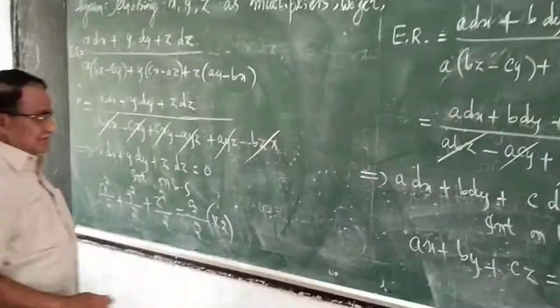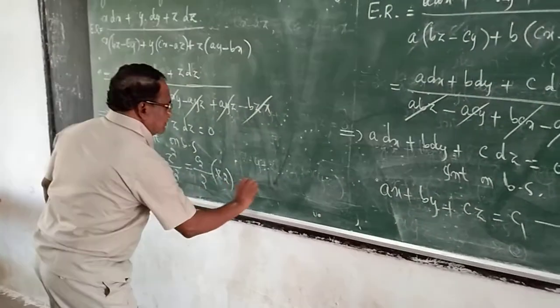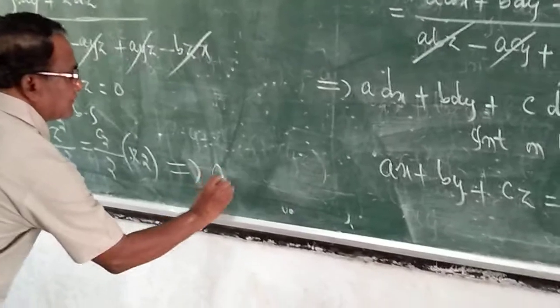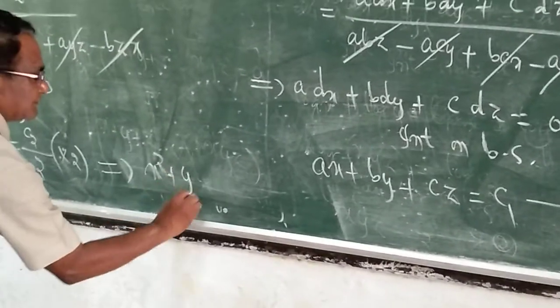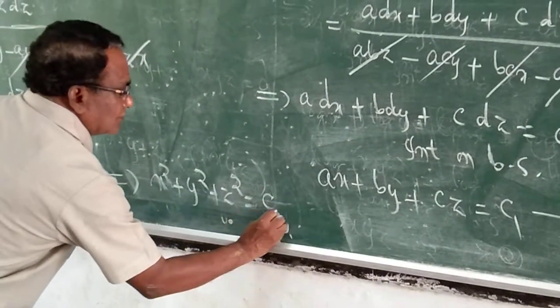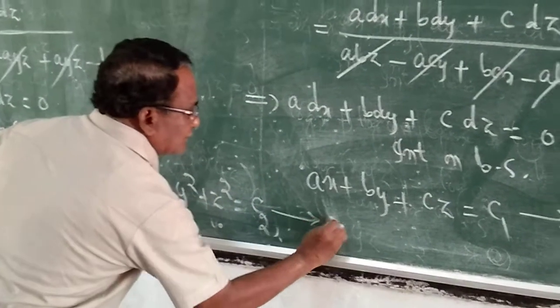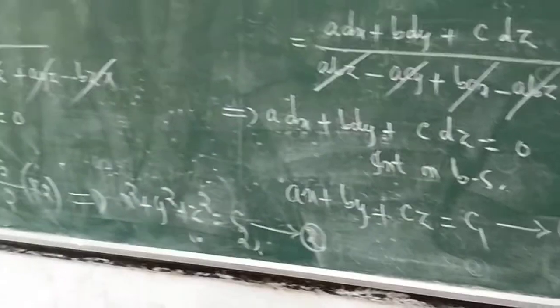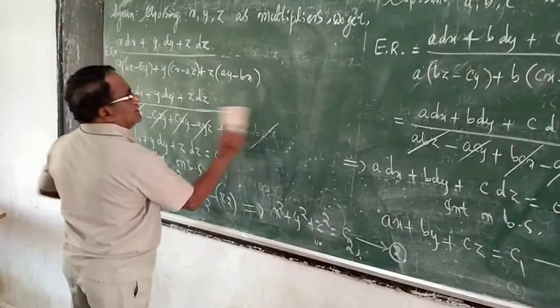Yes, what it gives? It will give you x squared plus y squared plus z squared is equal to c2. So this is the second independent solution.